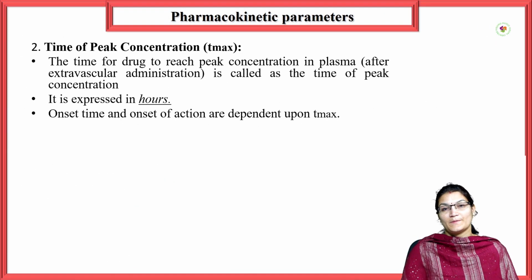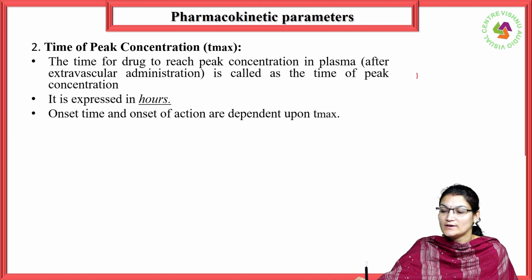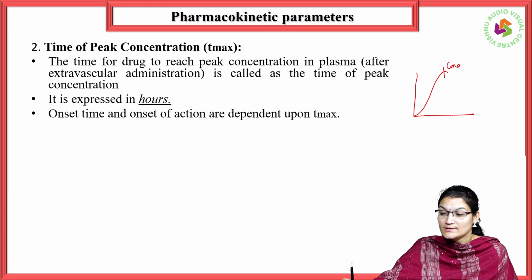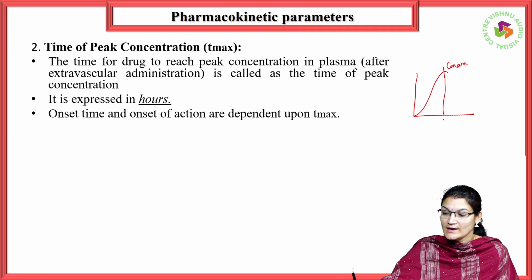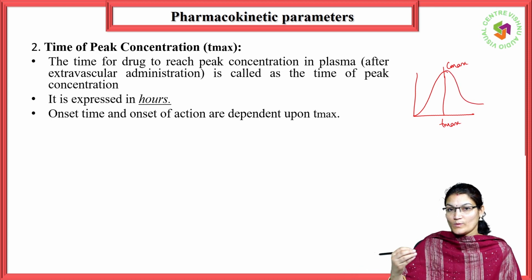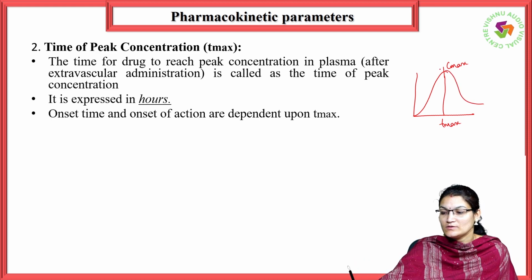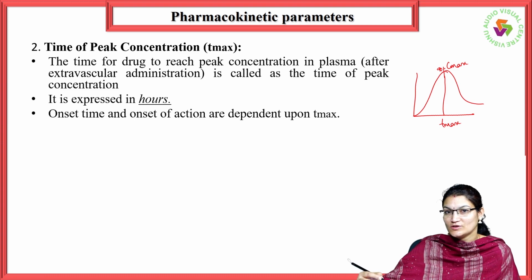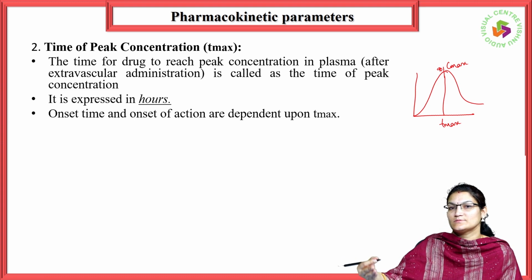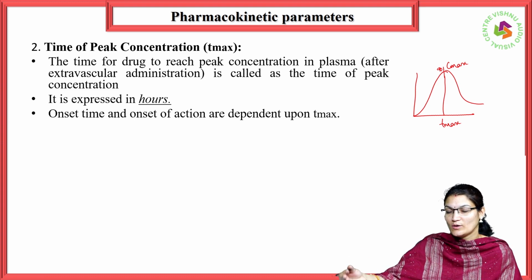Next, we have time of peak concentration. As we already discussed, whenever the drug reaches the Cmax, that time we consider as Tmax. For example, if Cmax is 90% of the drug, we consider it the maximum peak, where the maximum drug has been absorbed.